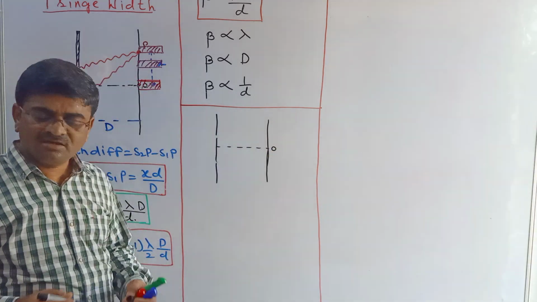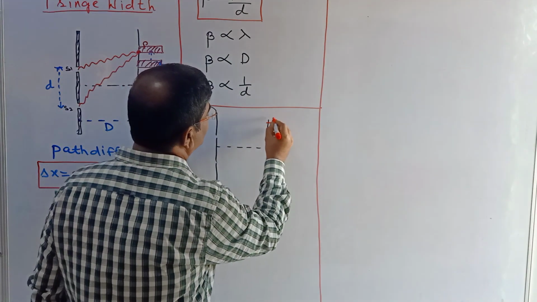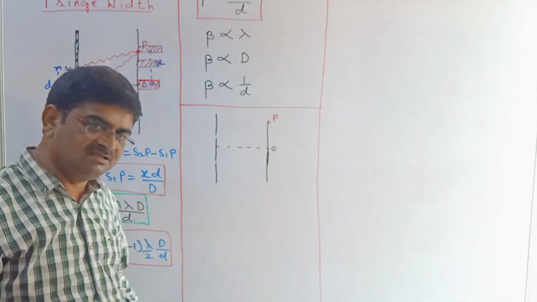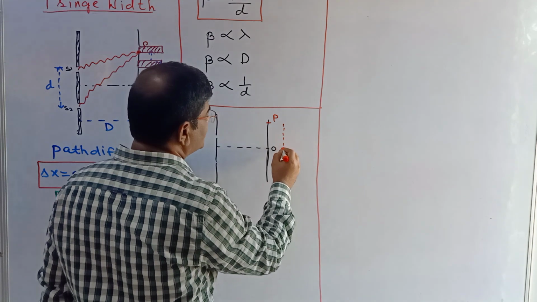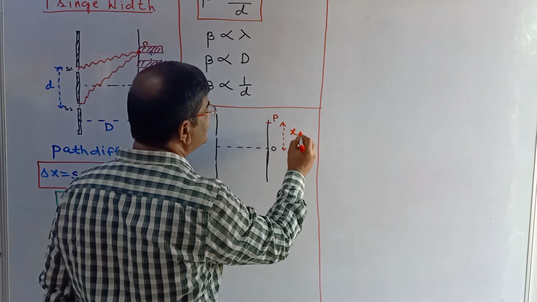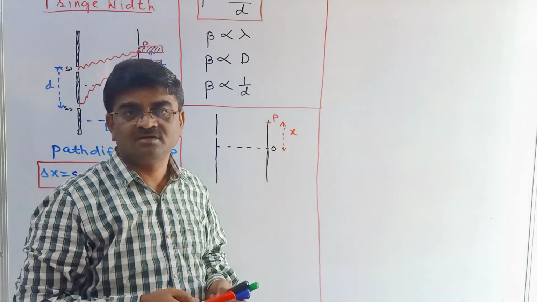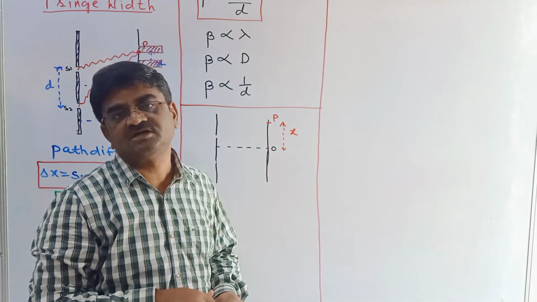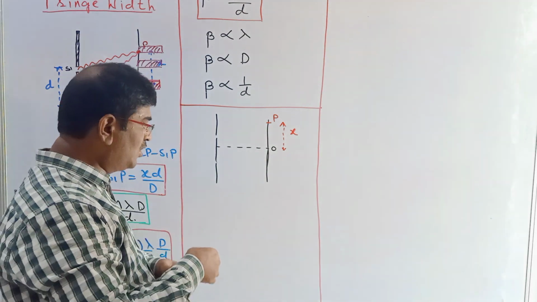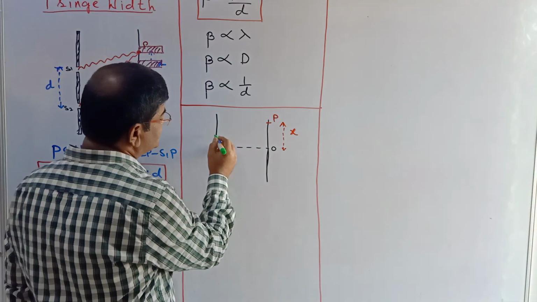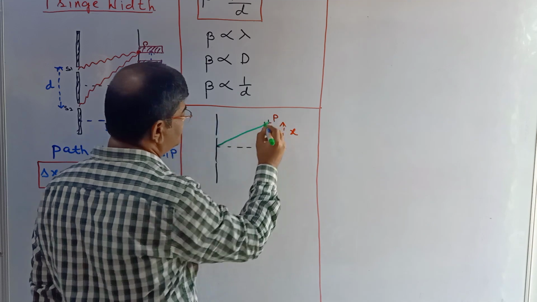On the center of the screen, say I have got a point P, which is either bright or dark based on the difference. This distance I have got, let us say x. What does that x represent? I would say the linear position of the point P. But in competitive examinations, I may have to write the angular position of that P. For that, what I mean is that from the center of these two slits, I have this line drawn.